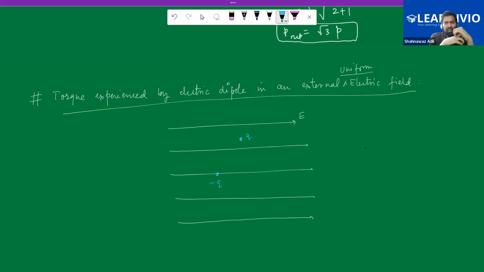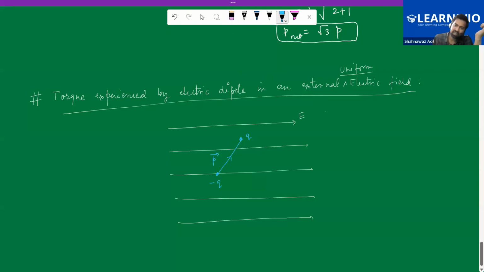You have completed the first step, right? So what is the direction of the dipole moment? From negative to positive. Yes, absolutely right. So why were you hesitant? So this is the direction of the dipole moment.